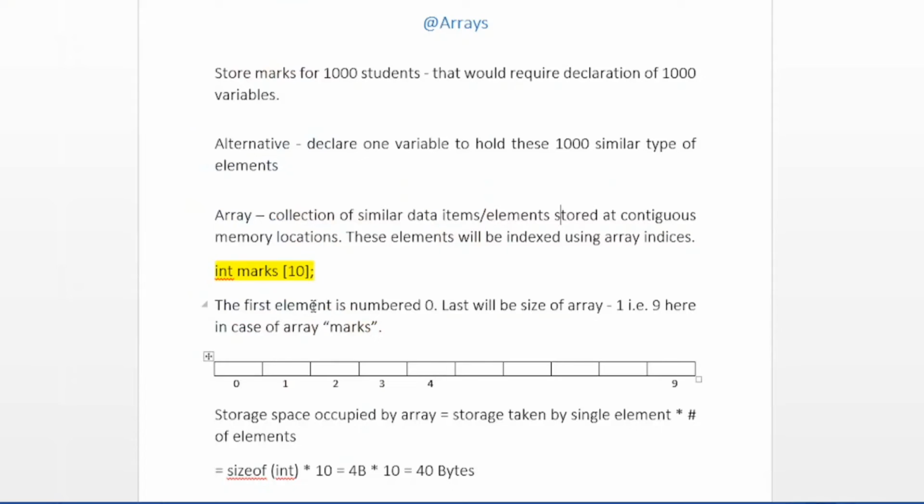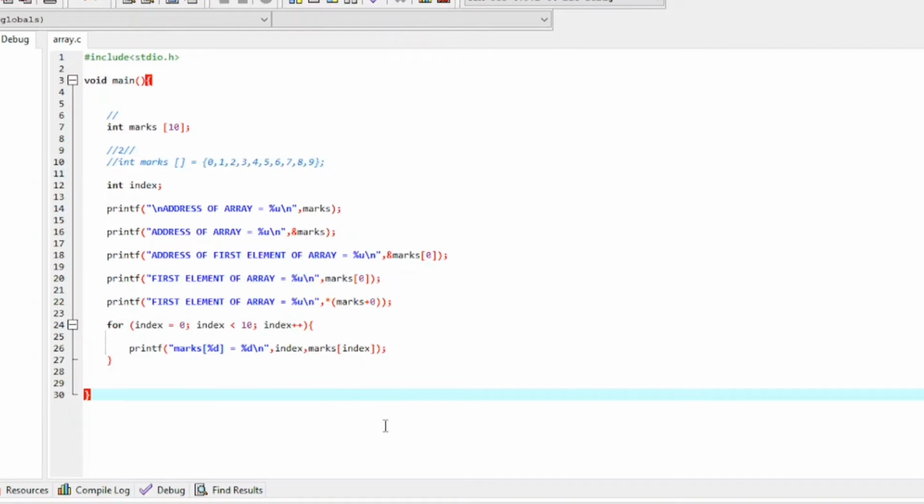Now there are array indices. The first element will be stored at index 0, the second element at index 1, the third element at index 2, the fourth at index 3, the fifth at 4, and the 10th at 9. When I have to access or store some value at these indices, I will use the square bracket concept.